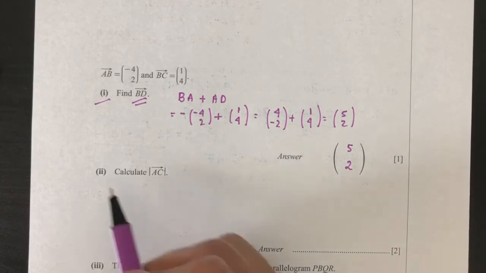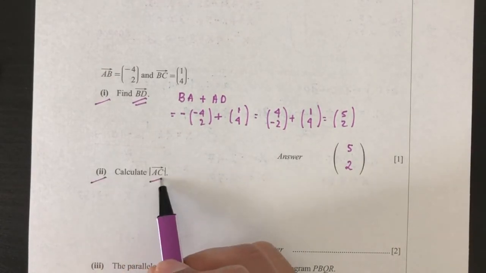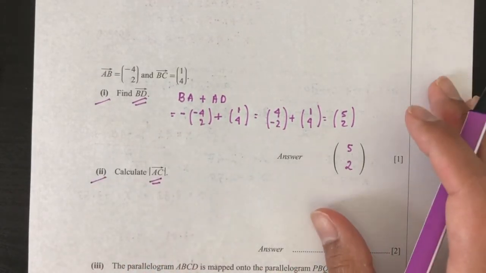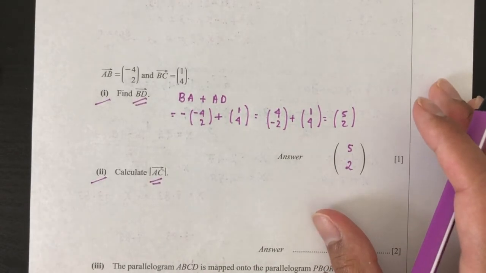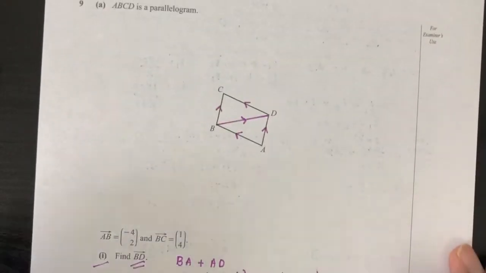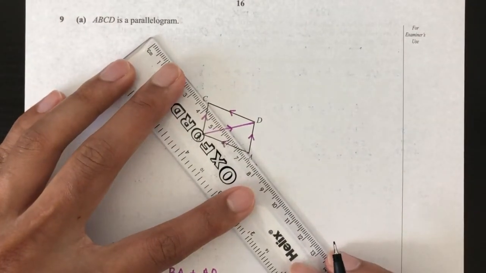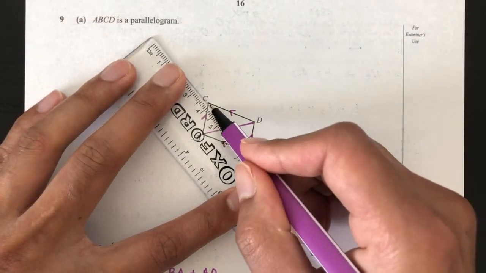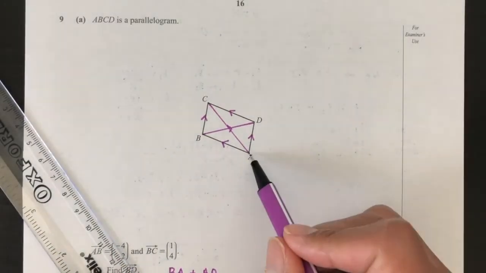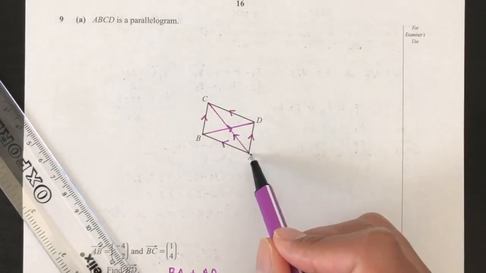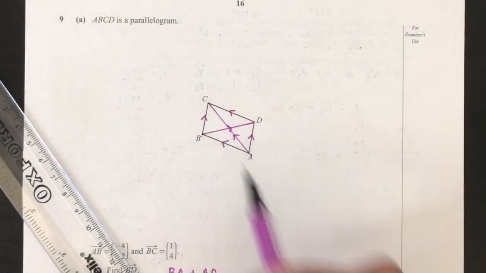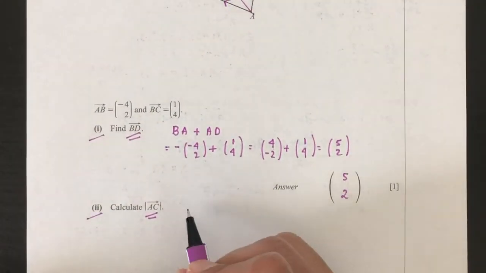Now for part 2, calculate the modulus of AC, which is the length of AC. So let's first find the length of AC. AC will be this one, which is in this direction. That will be AB plus BC.